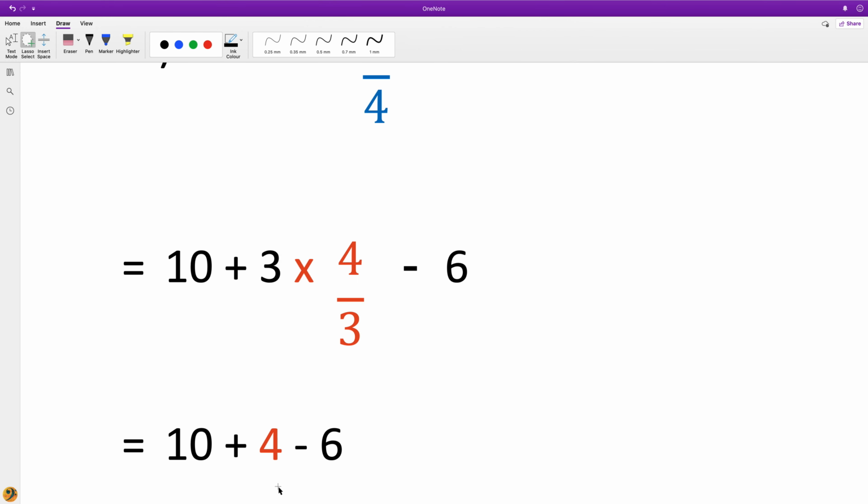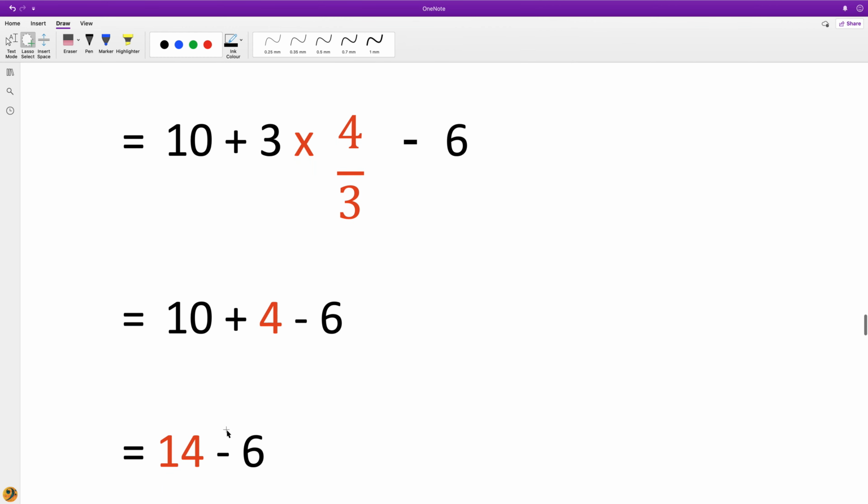All right, so now it's just a matter of adding and subtracting these numbers in order from left to right. The addition and the subtraction both have the same ranking, so which one you do first, you just go from left to right. The first one we come across is the addition. So the next line of working, we evaluate this part, 10 plus 4, and then we subtract 6.